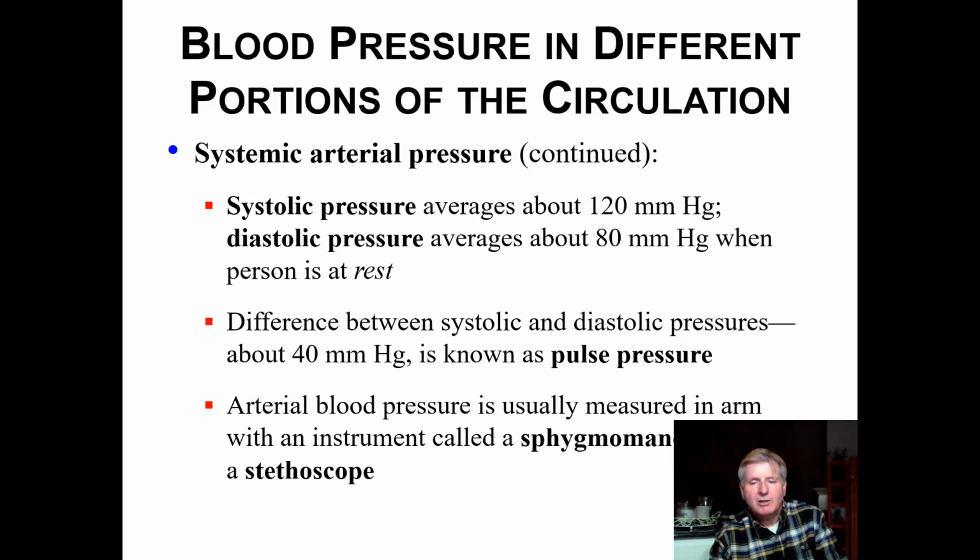Your diastolic pressure generally averages about 80 millimeters of mercury when a person is at rest. The difference between your systolic and diastolic pressures, which is about 40 millimeters of mercury, is called the pulse pressure. You can measure your arterial blood pressure in the arm with an instrument called a sphygmomanometer, or blood pressure cuff, and a stethoscope for auscultating, listening to the heart sounds.